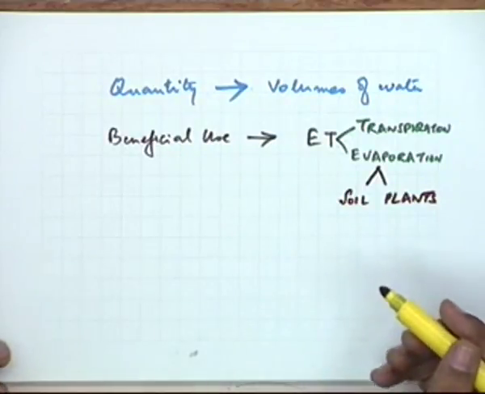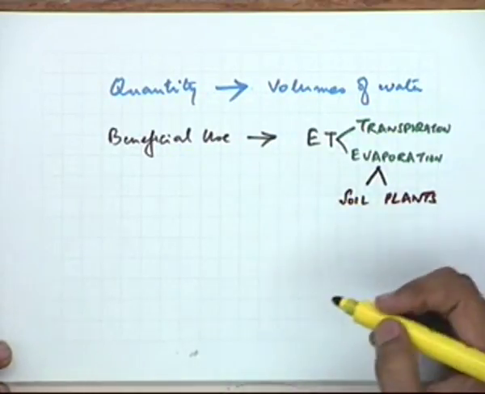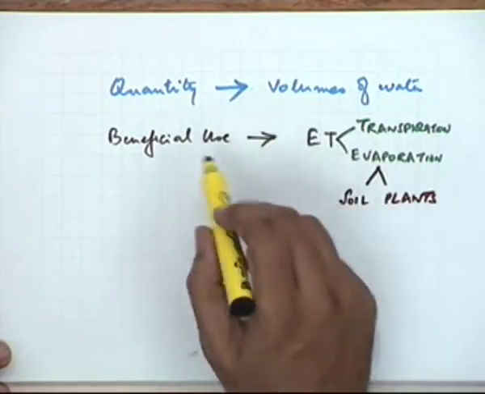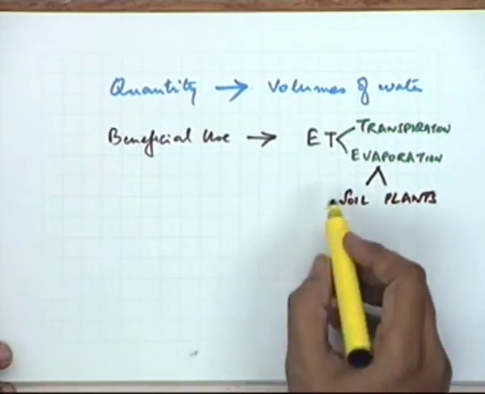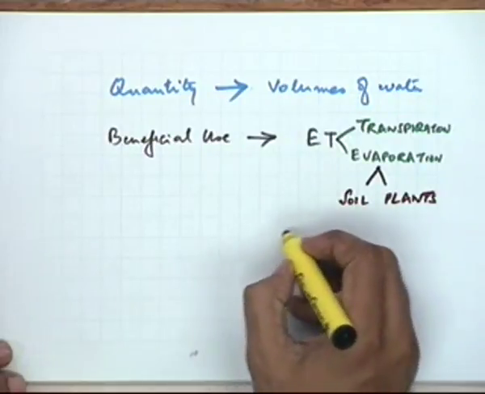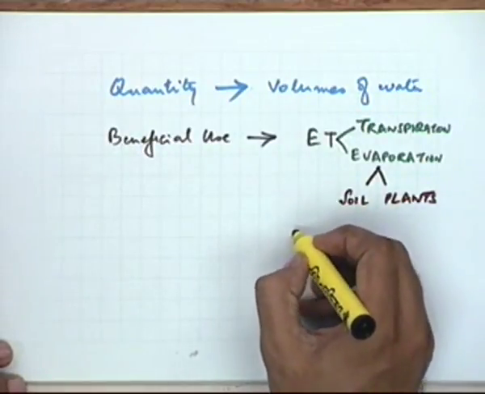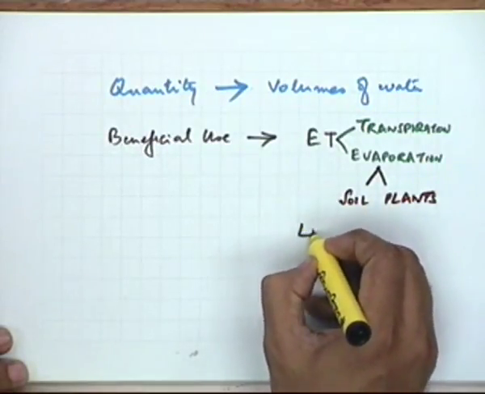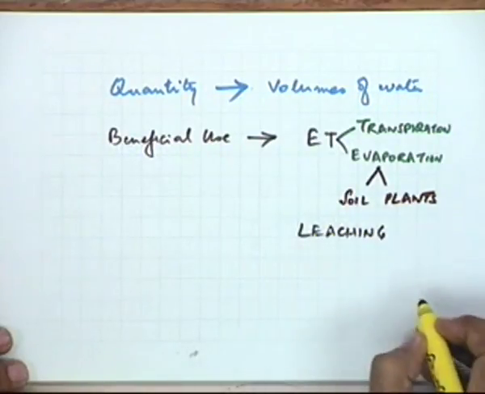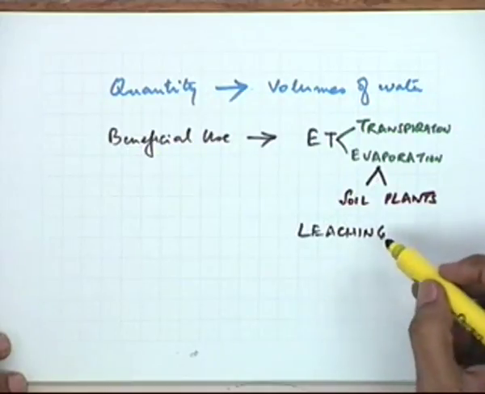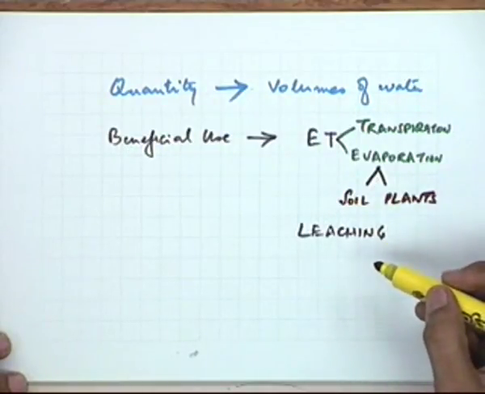The other beneficial uses can also be incorporated when you are looking at the quantity which can be used beneficially. The other usages can be, maybe there can be some quantity which is used for leaching of the soluble salts.